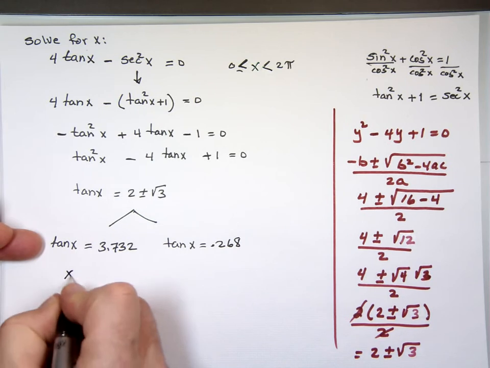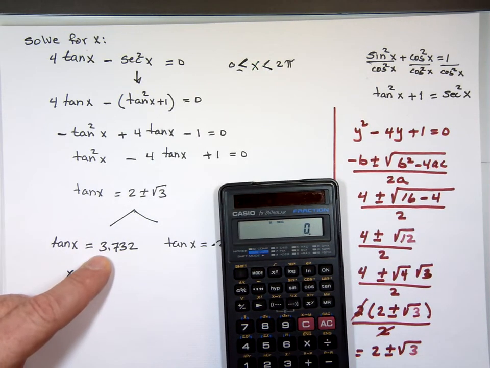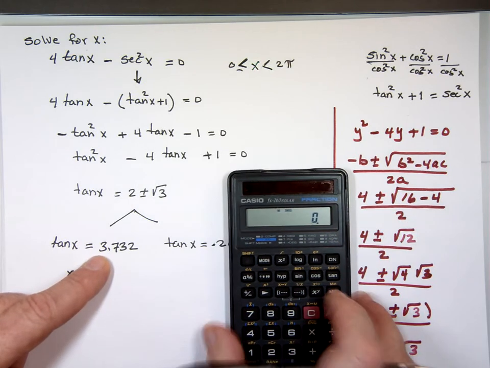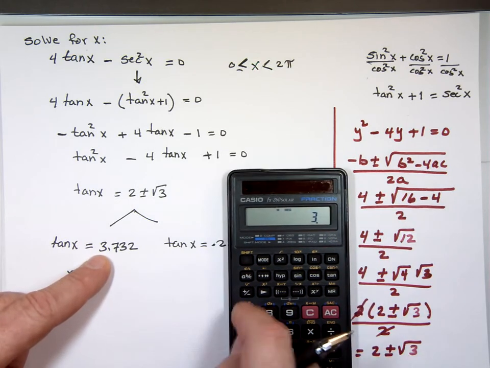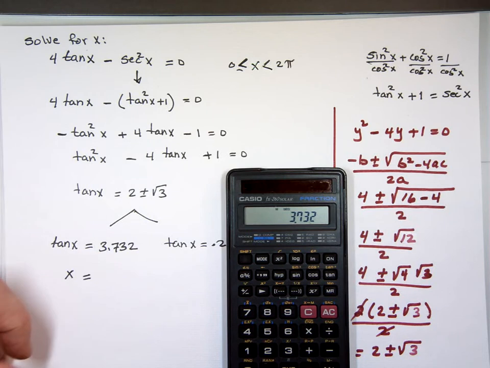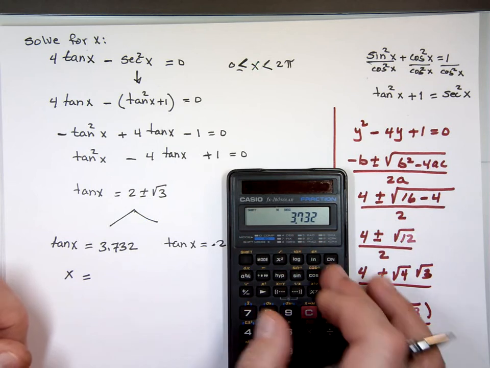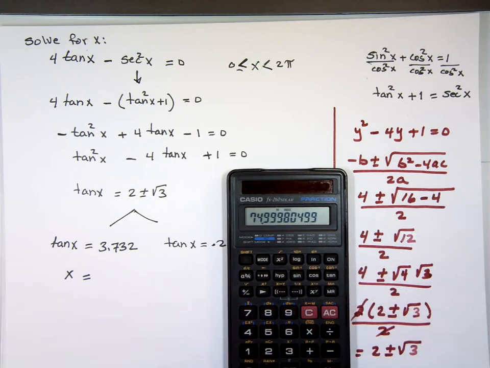Let's do the inverse tangent of 3.732. It's 75 degrees.